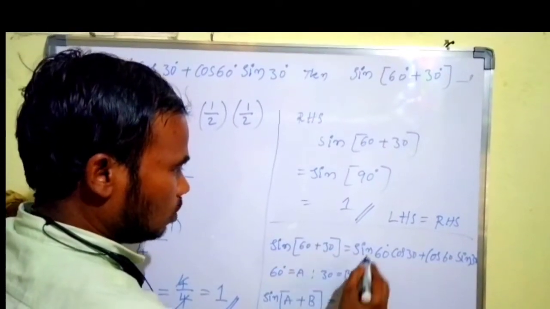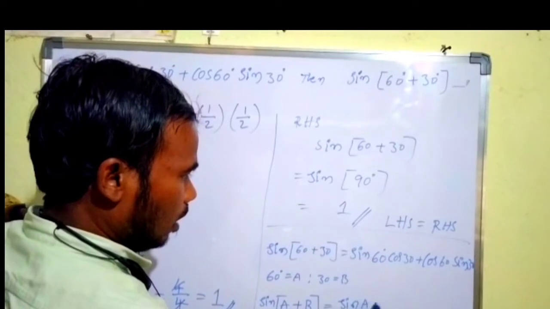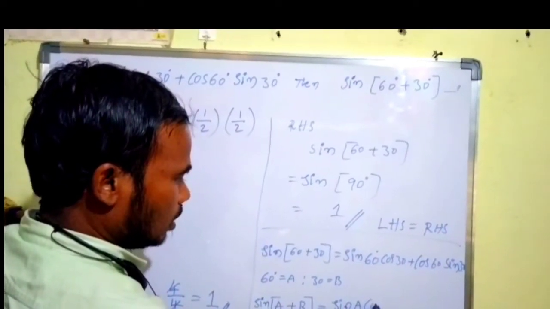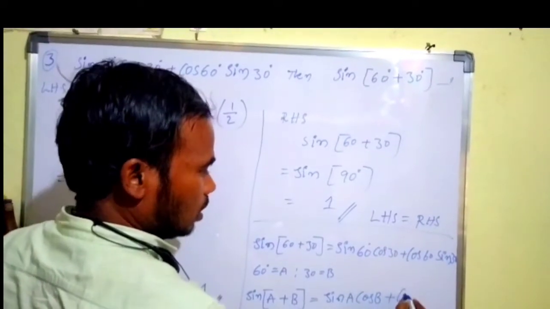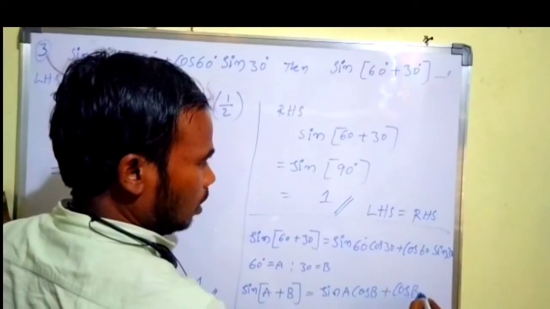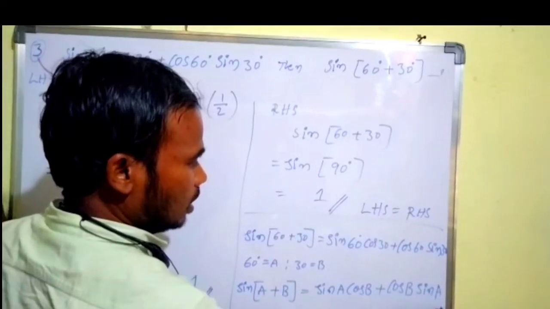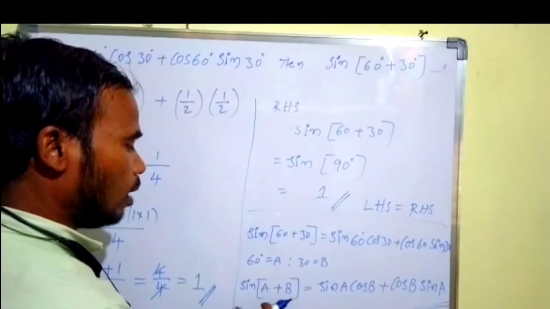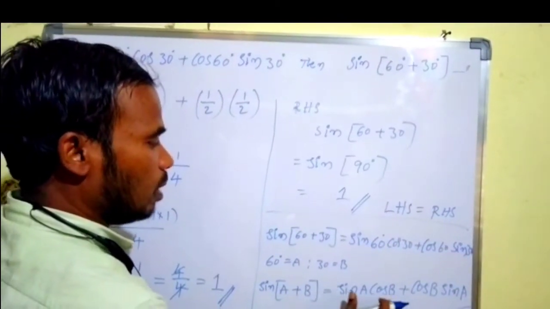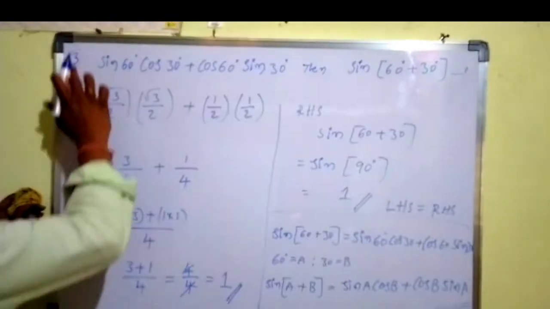So it is equal to sin A cos B plus cos A sin B. This is the formula we are getting. Sin of A plus B is equal to sin A cos B plus cos A sin B. This is the answer.